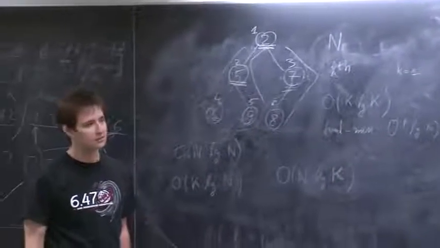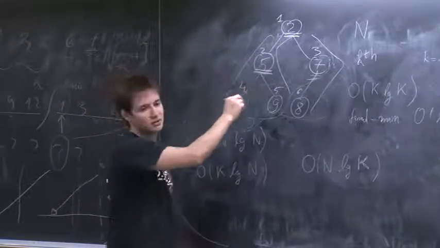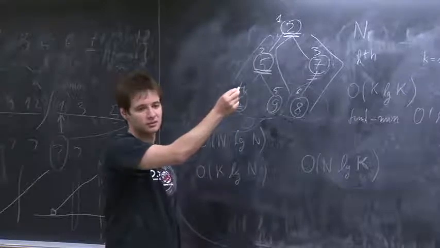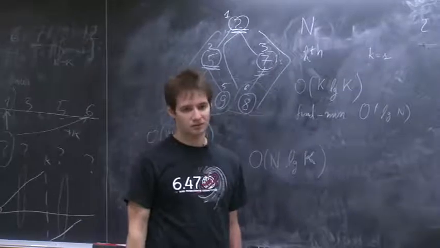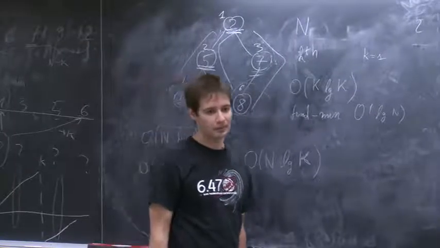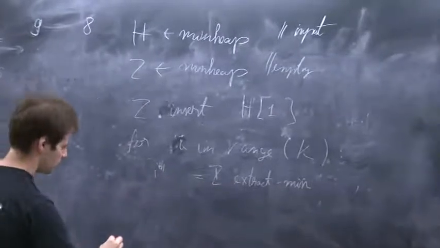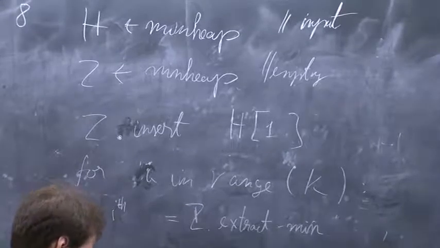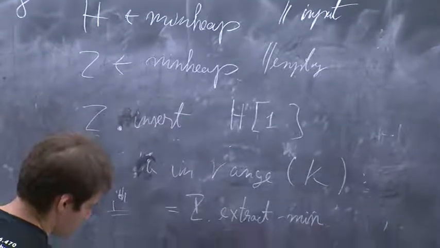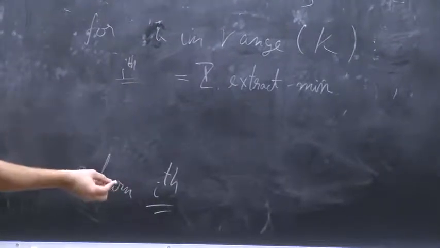Why do z dot extract min then? Because this will give me the next key in the horizon. Oh, I see. You're starting out with just the first one, and then you want to add in the next. So at the end of this whole thing, if I'm extracting them right, I can return this variable here. Because after k iterations, this is going to be the kth element.